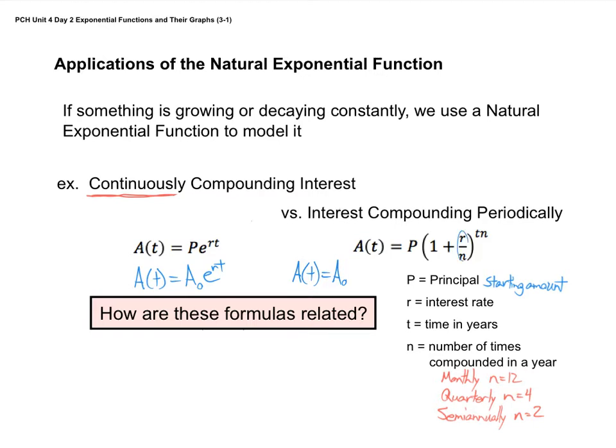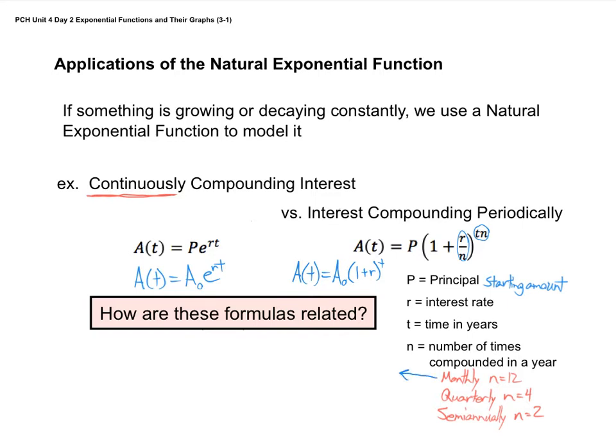Why are we doing the r over n, and why are we doing the t times n power? Because really the basic formula that we have here is 1 plus r to the t power. And you might say, well, what's with the n's? The n's are really unit conversions. Okay, now I'll use monthly here as an example.